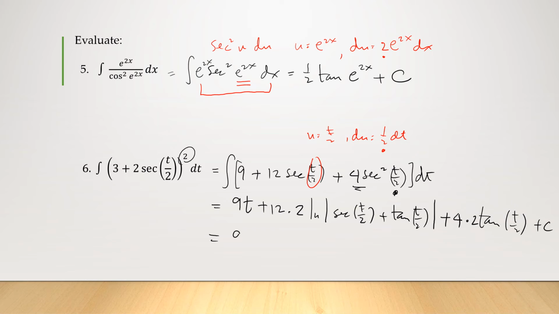So the final answer here is 9t plus 24 ln absolute value of secant t over 2 plus tangent of t over 2 plus 8 tangent of t over 2 plus c.